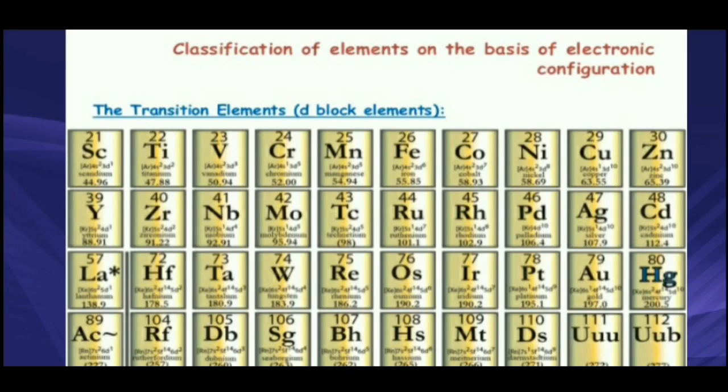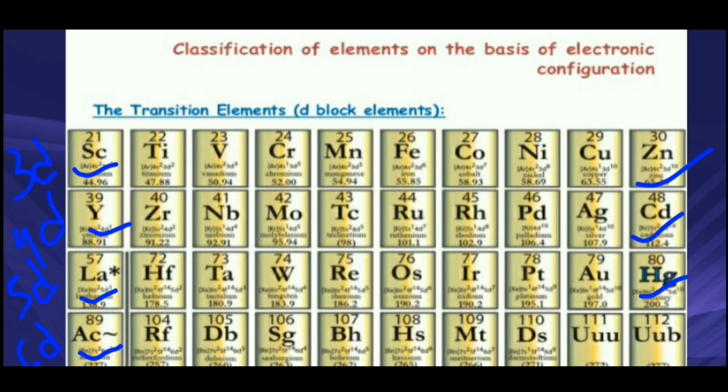The first period, the 3d series, starts from scandium to zinc. The next, the 4d series, starts from yttrium to cadmium. The next, the 5d series, starts from lanthanum to mercury, and the 6d series is incomplete, starting from actinium.